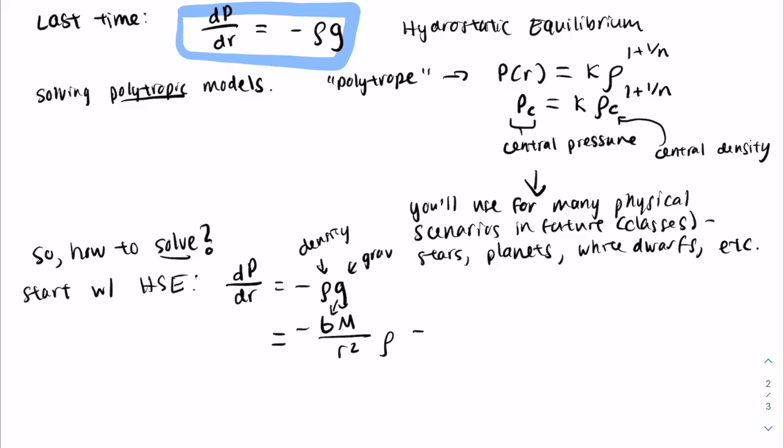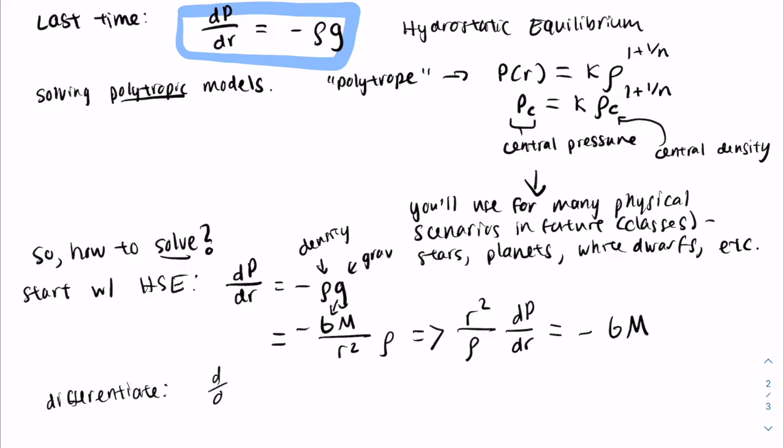So we can rewrite our dP/dr in terms of big G, the gravitational constant, times m over r squared, and then rewrite this in the following form. If we actually want to solve this, we're going to first differentiate this expression and then substitute in the polytrope equation of state that we assumed.